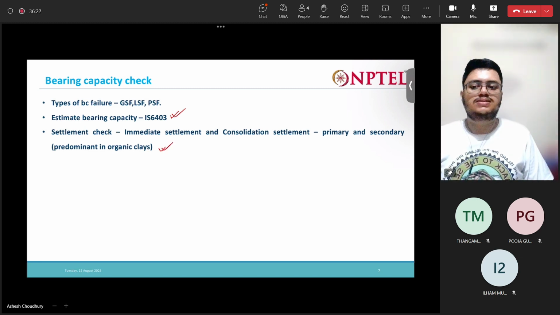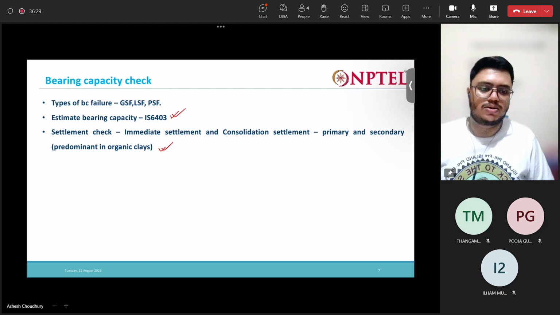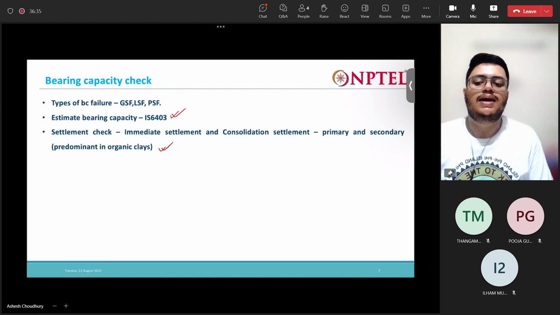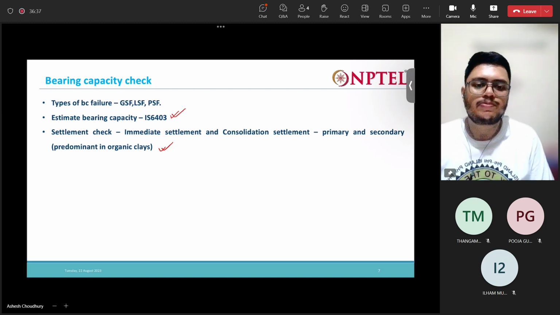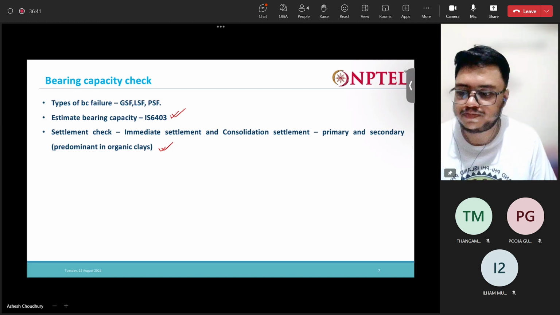So how can you do the settlement check? We need to calculate the settlement. First is the immediate settlement, then we have the consolidation settlement. Consolidation settlement, as you all know, is from the primary and secondary consolidation settlement, and the secondary consolidation settlement mostly occurs in organic clays.